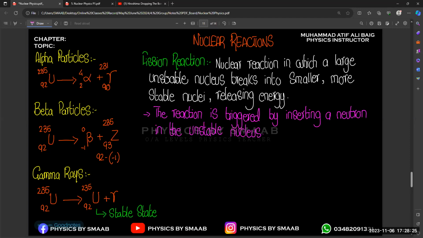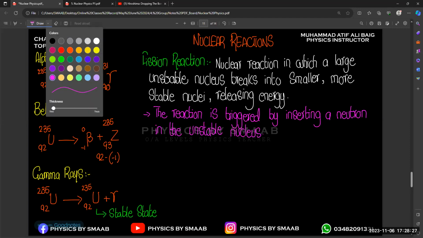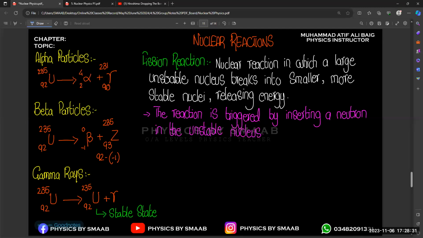And if we consider the equation, or the name of the particles that we get from the equation of the nuclear reaction, that is the fission reaction. So let's suppose we take uranium 92 235.